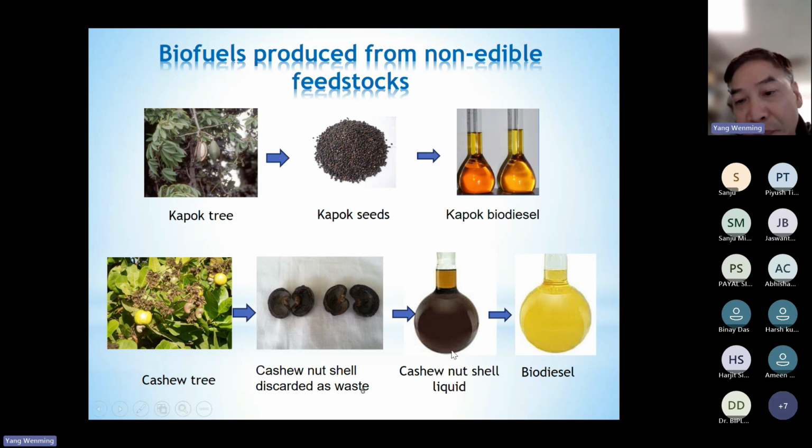This is produced by hot pressing the cashew nut shell, using steam and high pressure to compress it. Then we can produce cashew nut shell liquid. Then we further use the method I just introduced to change the cashew nut shell liquid into biodiesel.